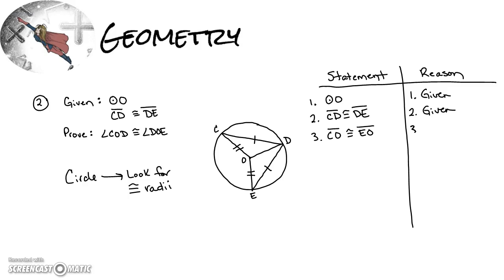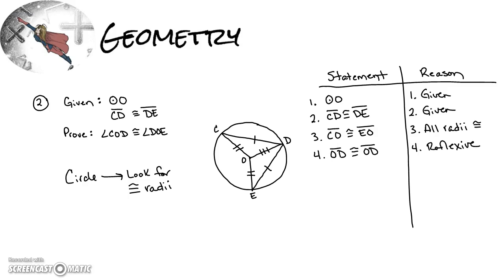And the reason that I give is just that all radii are congruent. Now the triangles are almost congruent. I think the most logical thing to say next is just that OD is reflexive to OD. So OD is congruent to OD because of the reflexive property.